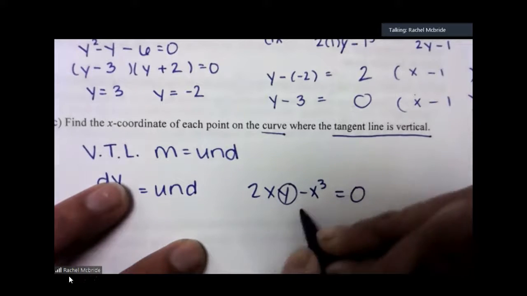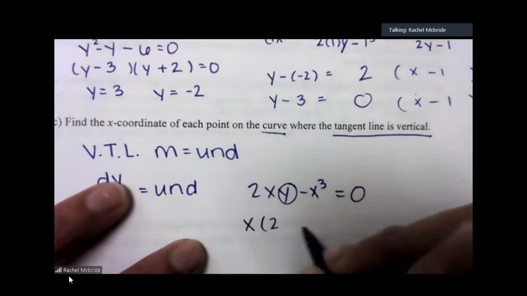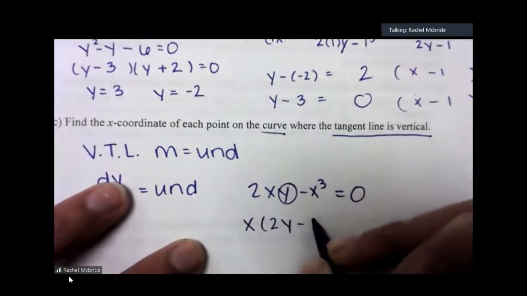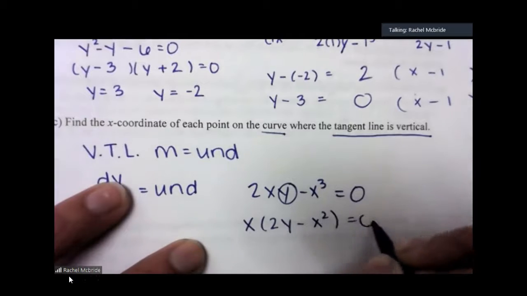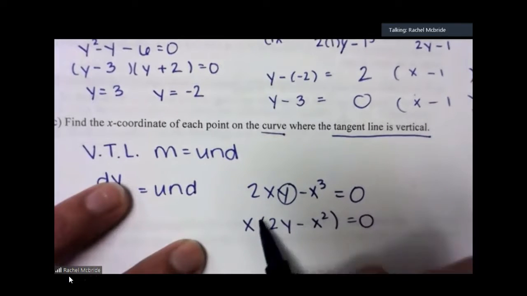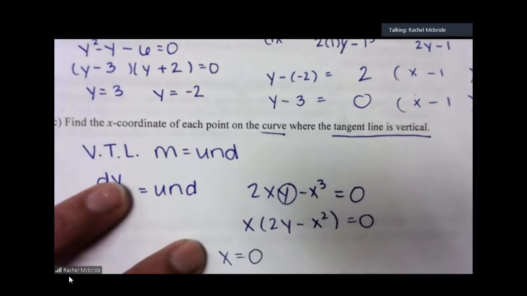Well, we could factor out an x, right? So that leaves 2y minus x squared. So one of those is going to be when x equals 0. And the other point is going to be when x equals plus or minus the square root of 2y.